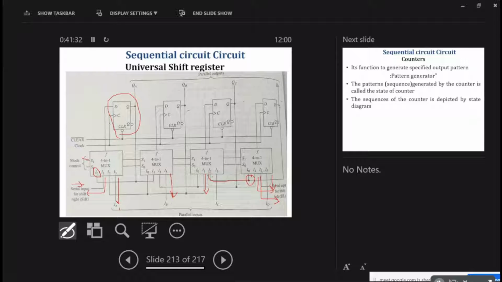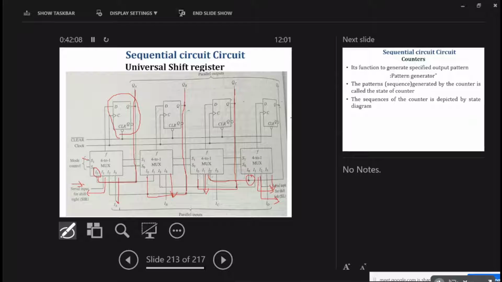So this I0 of the first mux is connected with the output of the first flip-flop. This is connected with the output of the second, and so successively the corresponding I0 of those muxes is connected with the output pins of the corresponding flip-flops.